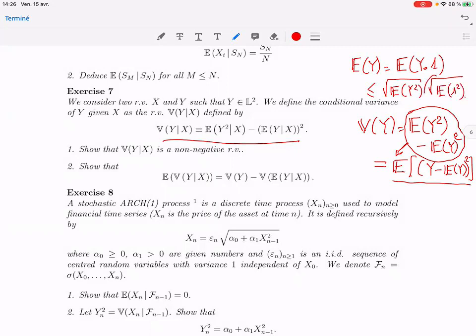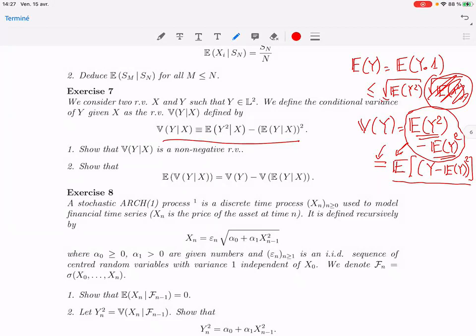And this, of course, is just 1. If I take the square on both sides, I get that the square of the expectation of Y is smaller than the expectation of Y squared. So to prove that, you use Cauchy-Schwarz.